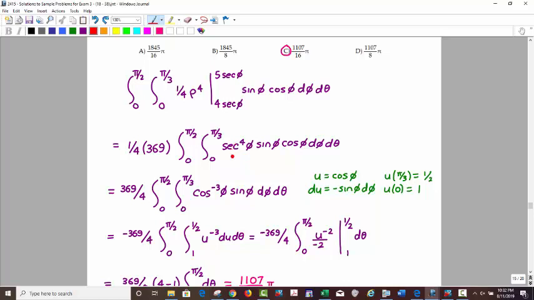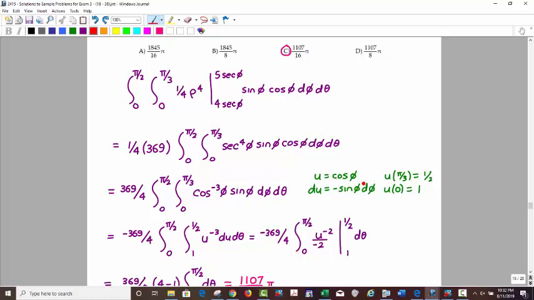So cos negative 4 times cos to the 1st gives me cos negative 3 times sine. After we simplified all that, it boils down to a nice u substitution. So we're okay here. Nobody's hurt.